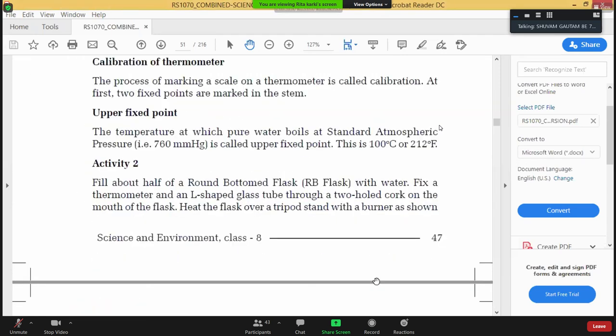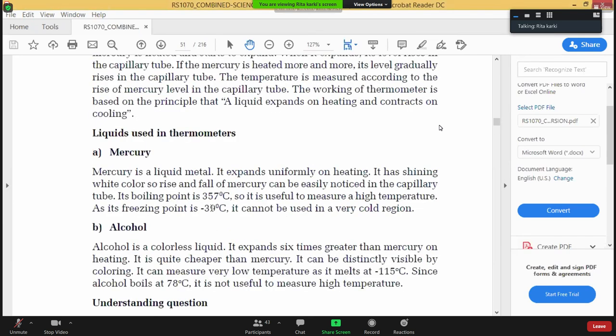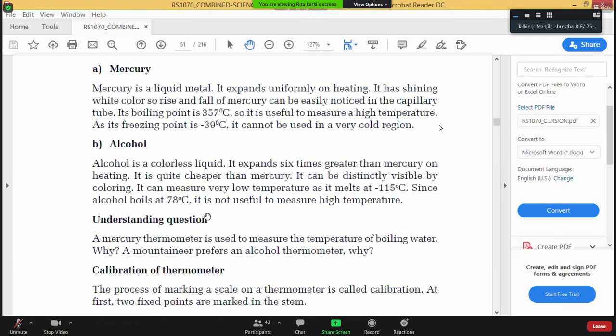Alcohol thermometer cannot measure the temperature of boiling water. The boiling temperature of alcohol is 78 degree centigrade. So when the temperature of the hot water reaches 78 degree centigrade, the alcohol starts to boil and convert into vapor itself.